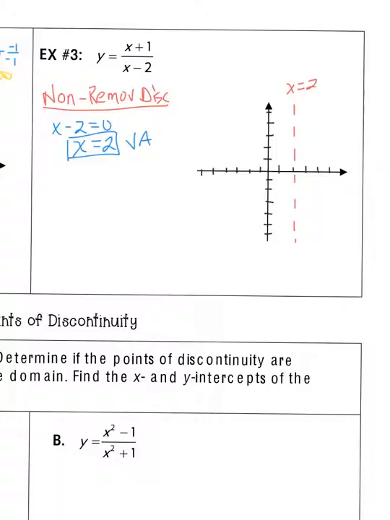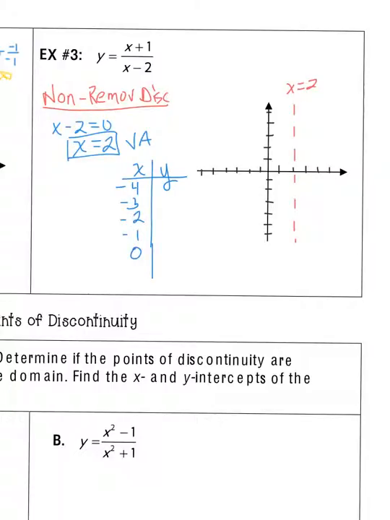All right, so then I don't know anything about this, so I'm going to do a table of values because I haven't told you how to find the horizontal asymptotes yet. So I'm going to choose some values to the left and some values to the right. So let's go -4, -3, -2, -1.